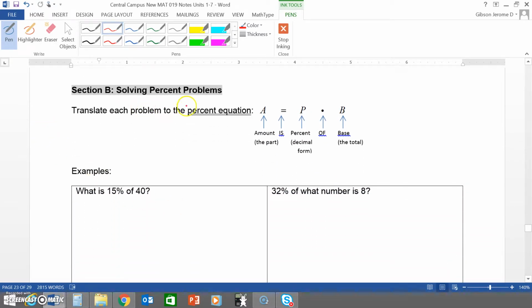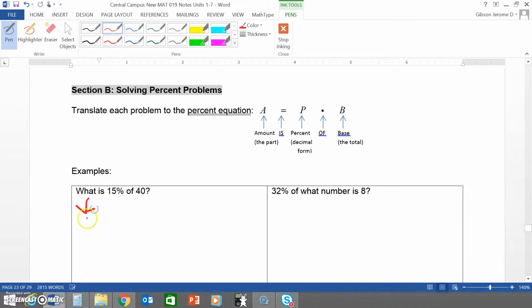Okay, next, it says solving percent problems. Translate each problem to the percent equation. A is the amount, the word is means equal, P stands for the percent, of means multiplication, and B is the base, which is the total. So we have what is 15% of 40.